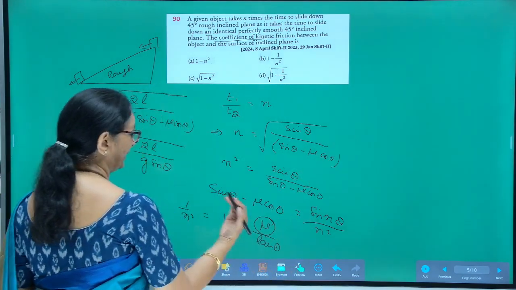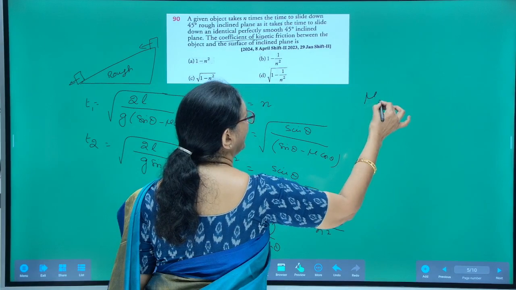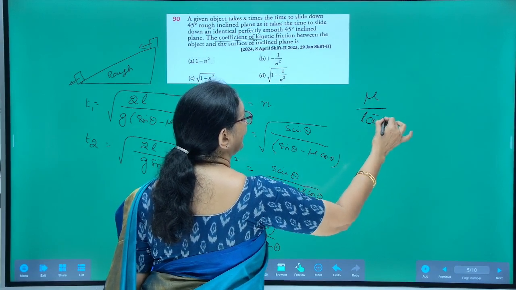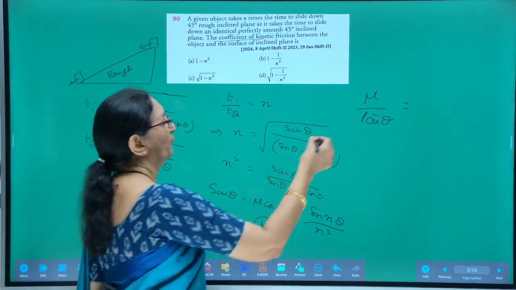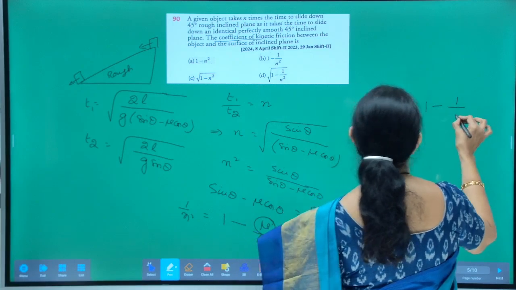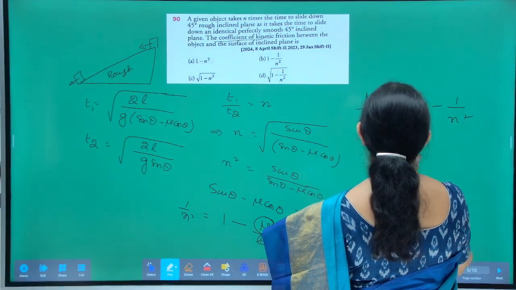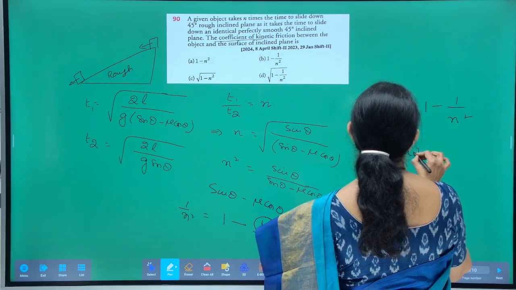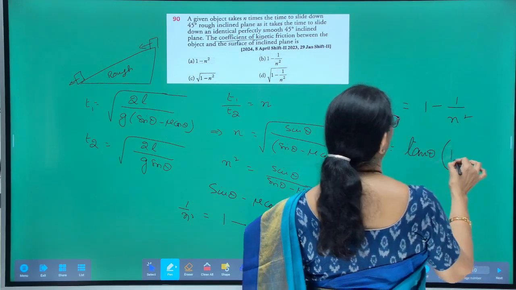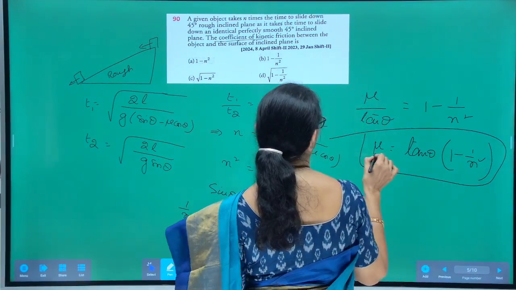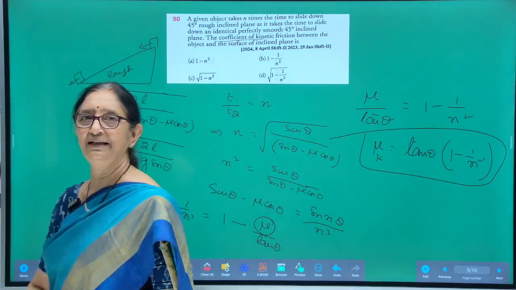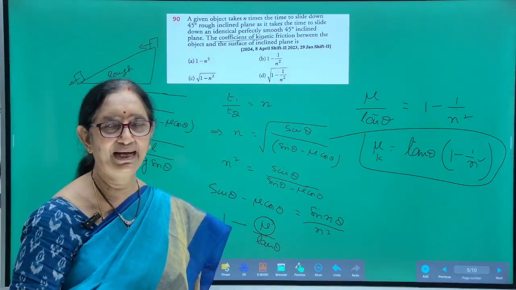So, if you bring this to this side, mu by tan theta is 1 minus 1 by n square, or mu is equal to tan theta into 1 minus 1 by n square, or mu k is equal to tan theta into 1 minus 1 by n square.